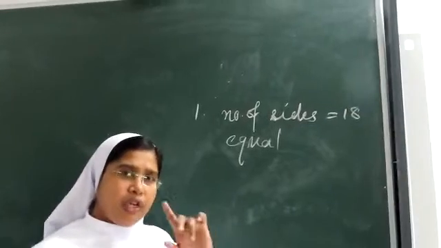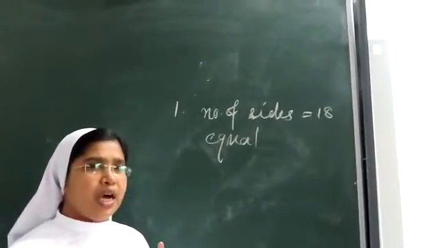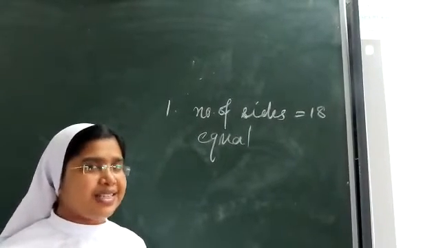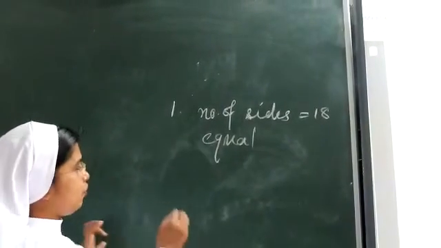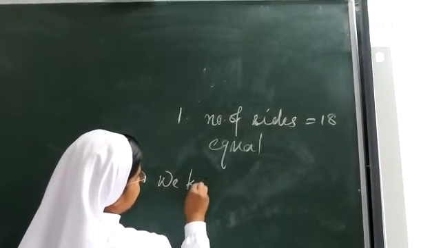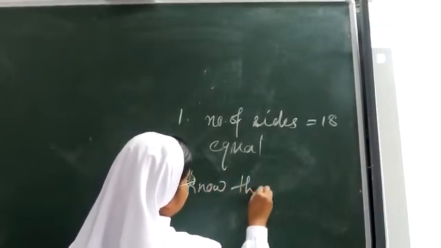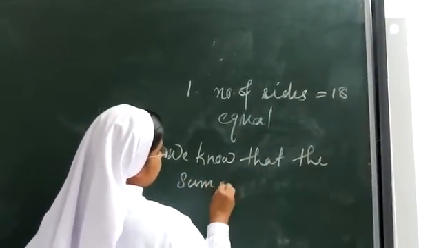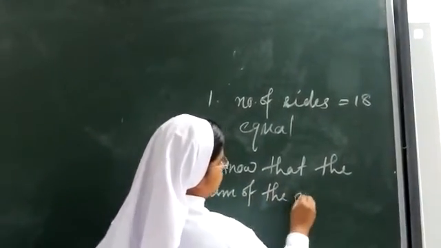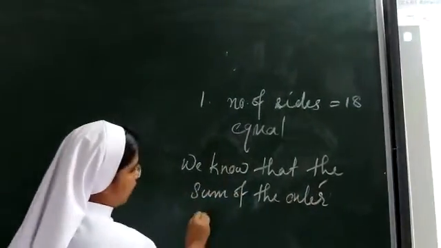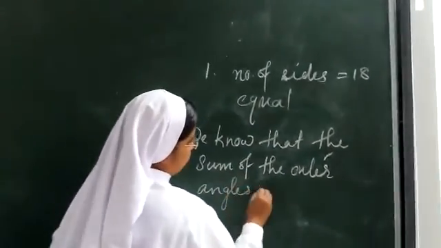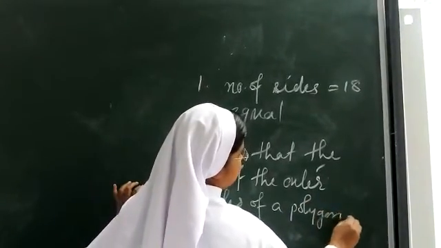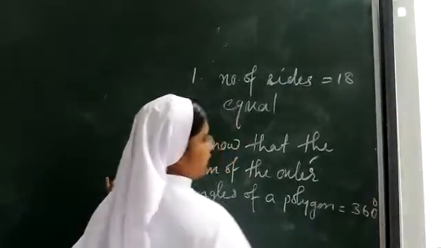Now what do we know? We know one thing: the sum of the outer angles of a polygon. How much is that? It is unchanging. It is 360. So we know the sum of the outer angles of a polygon is equal to 360 degrees.